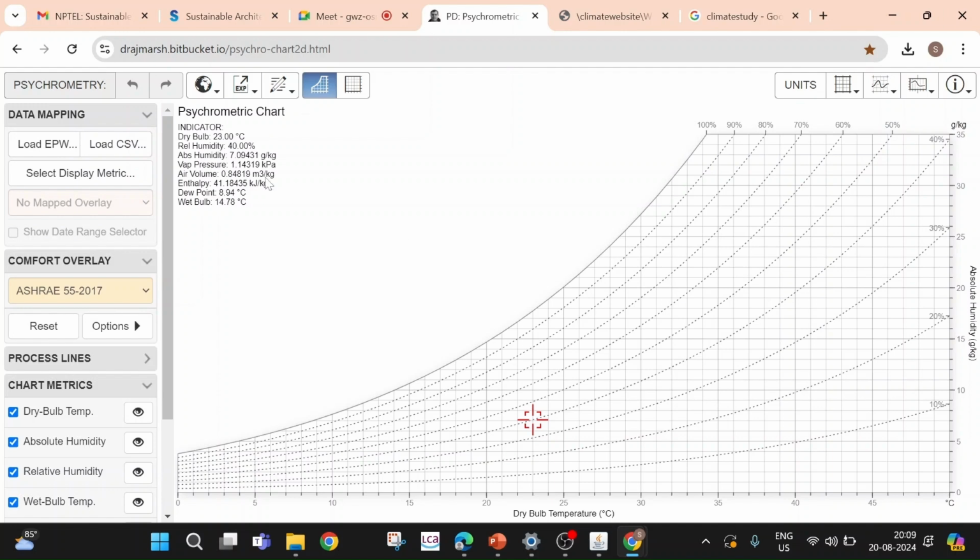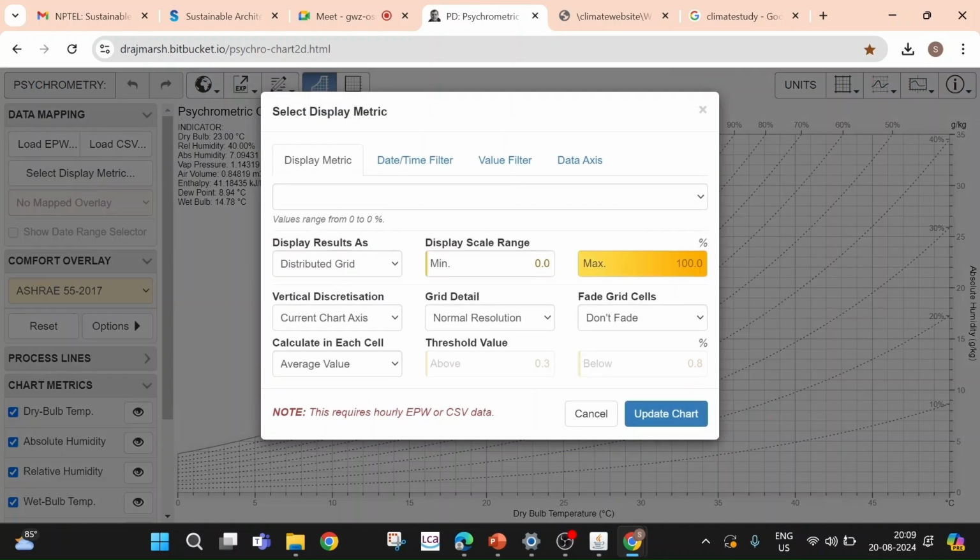Like in that climate consultant study, whatever you were doing, a similar study you have to do here also. And here also you have to load the EPW file. After downloading it, you can choose the display matrix, some settings for your convenience.